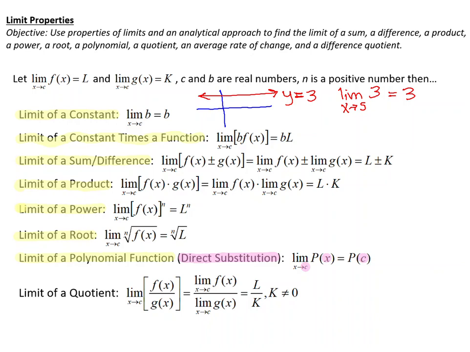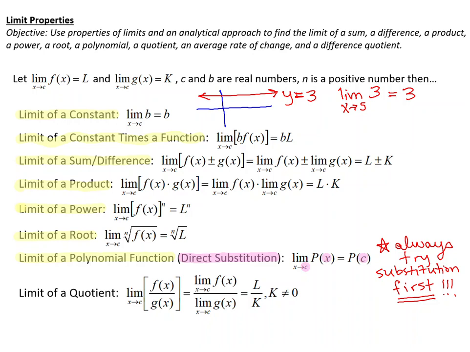Let's make that very important note right here. We always try substitution first. It's easy to plug and chug, so why not go with the easiest method, and if it works, we go with it.